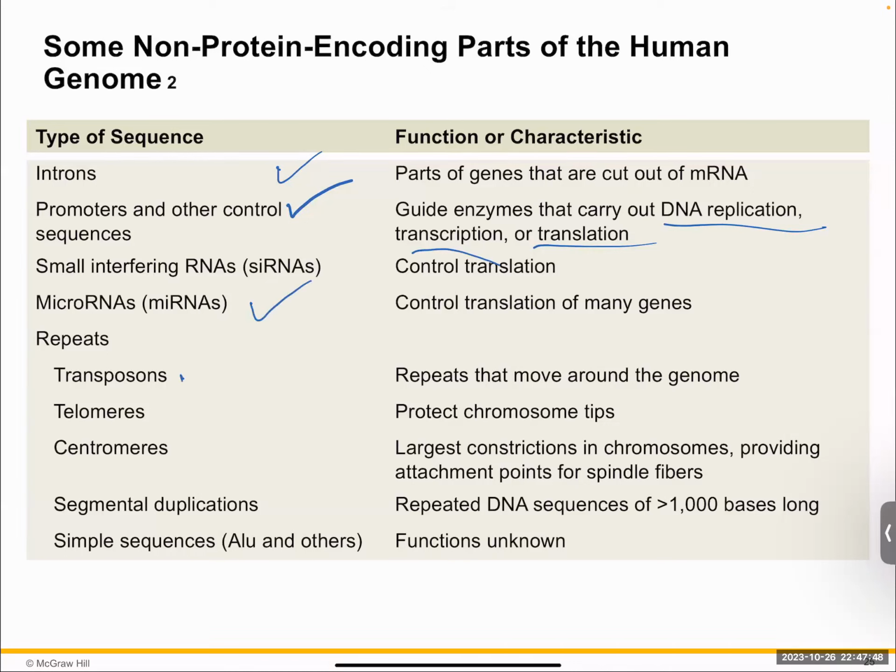MicroRNA we talked about in details, including transposons. Centromeres are the regions where the chromosomes are connecting, and then telomeres are the ends of the genetic information. And then I didn't really talk about segmental duplication and simple sequences, but if you want to learn about them, you're welcome to do your own research.